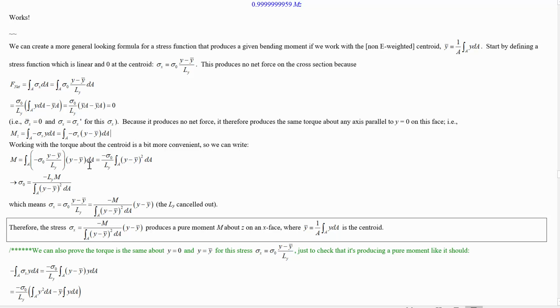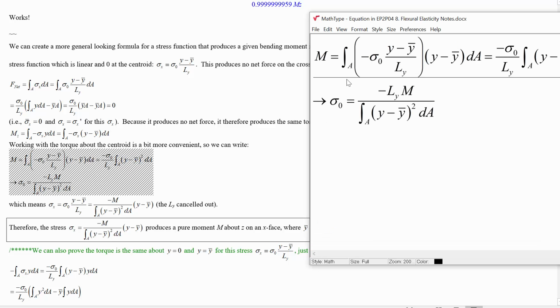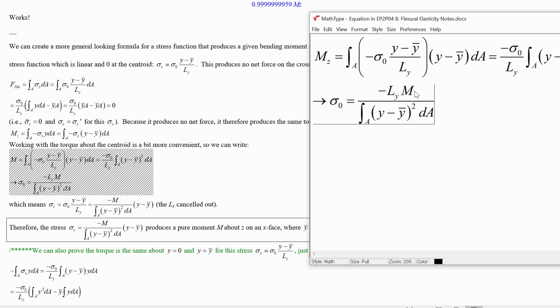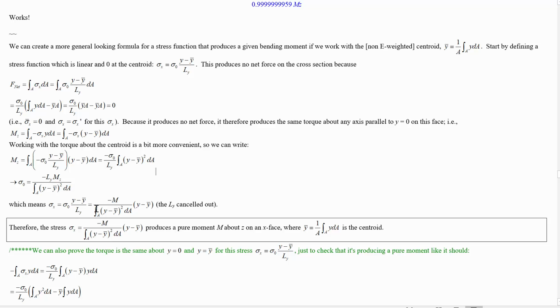And then we can calculate this moment, which is going to be an integral of sigma naught over Ly times (y minus y bar) all squared. And that lets us now write out what sigma naught needs to be to produce this moment in Z that we wanted. So that's it.